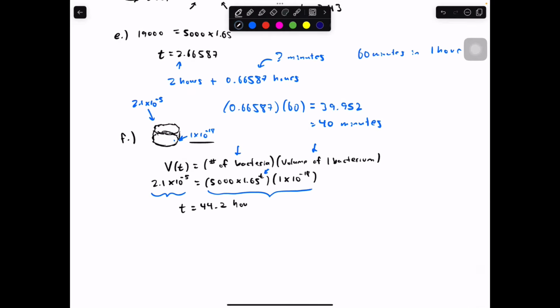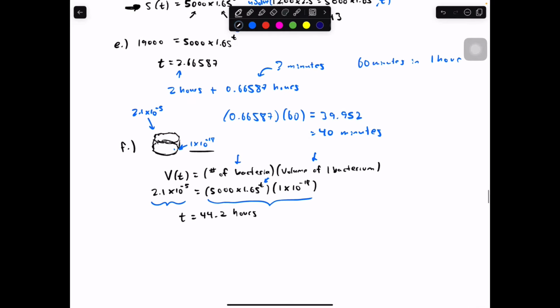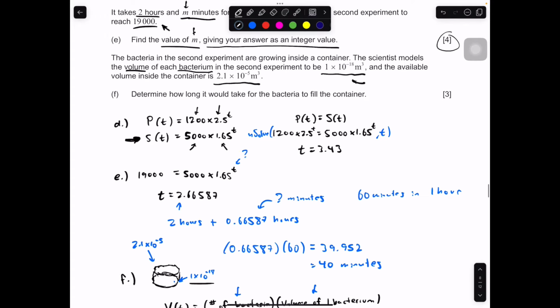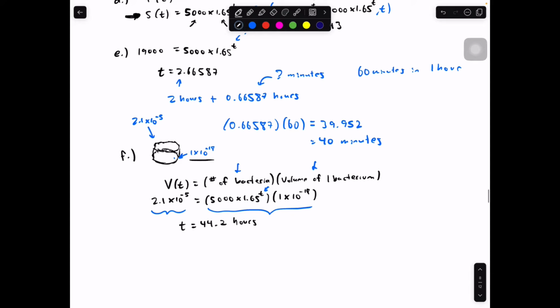44.2 hours. 3-mark question, always in the back of my mind. The question is, do they want us to write this out in minutes? I don't think so. If they did, it would be 44 hours and then 2/10 of 60 minutes, so 0.2 times 60 would be 12 minutes.